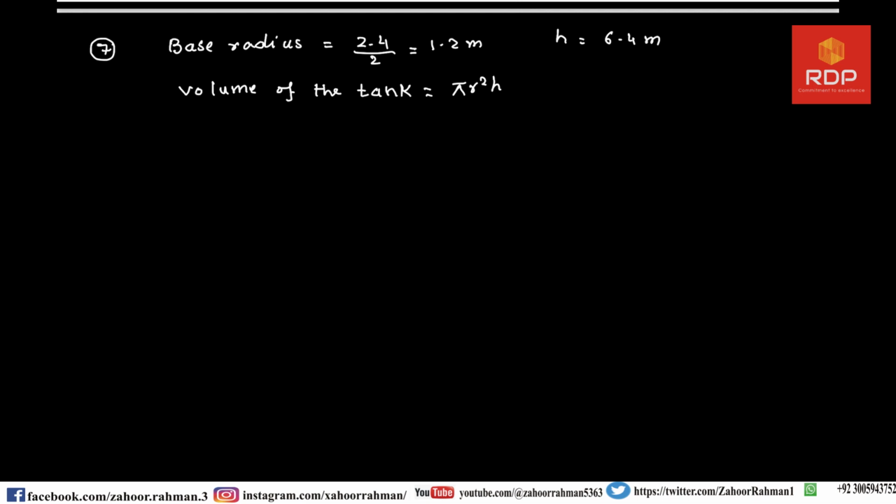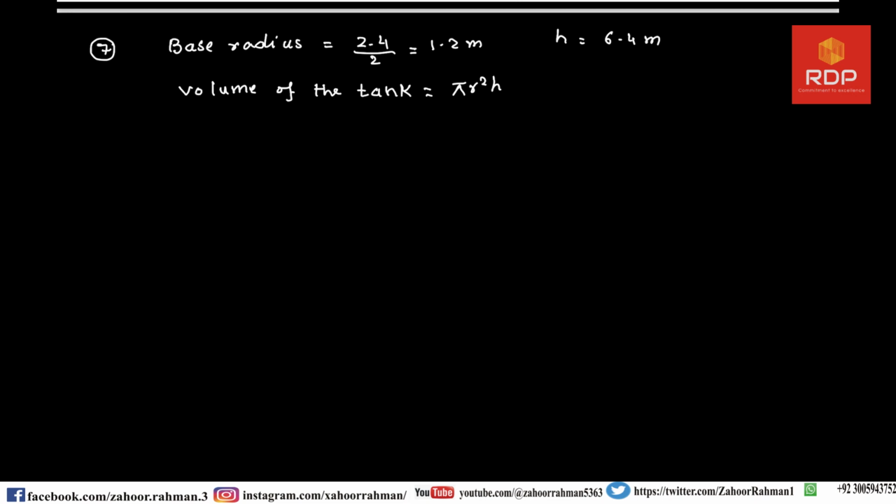Okay, and height is equal to 6.4 meter. I have already written for you people. Contains oil to the brim. Find the number of complete cylindrical containers of base radius 8.2 centimeter and height 28 centimeter, which can be filled by the oil in the tank.